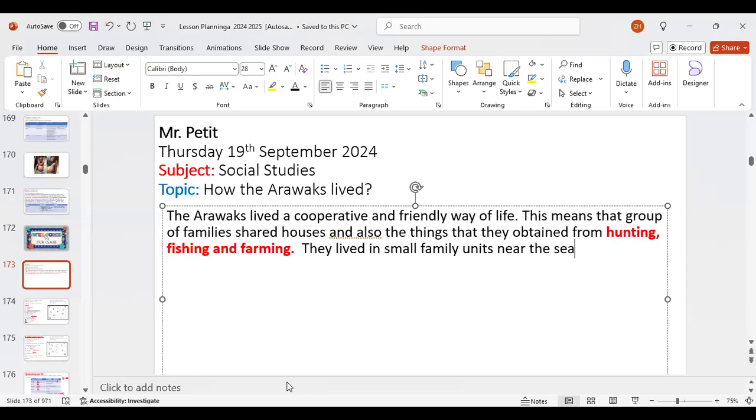Okay. Excuse me, Mr. G. Go ahead. If they live in small family units, doesn't that mean that they lived in huts? Jasmine Rose. So they lived in huts. That's the name of the buildings that they used to live in.